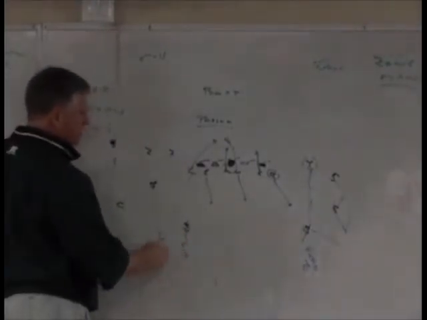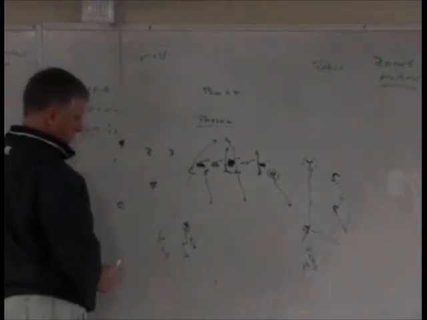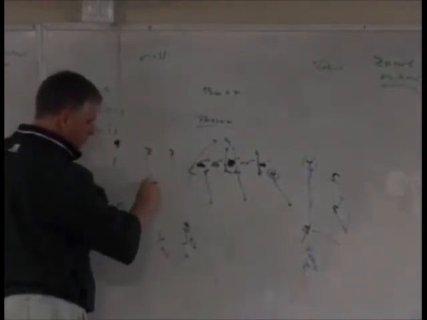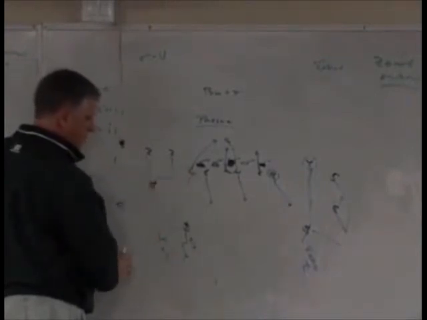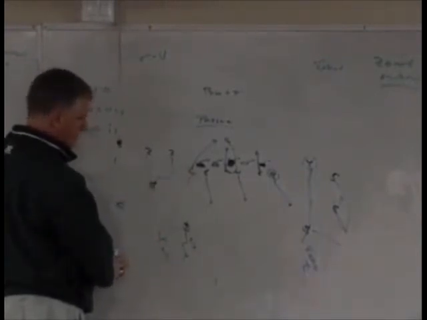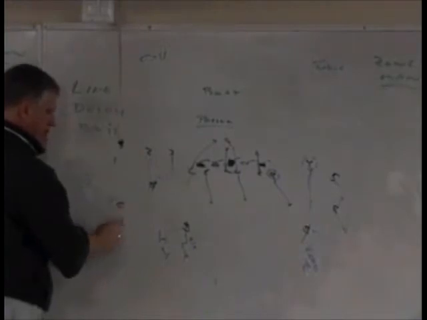On the inside quarter, I'm reading 2 to 3. If they both go vertical, you have to split them. One of them breaks it off right now. I'm going to overplay the quarter on the 2 or 3, whoever's going vertical. I'm just playing quarters technique outside on number 1.